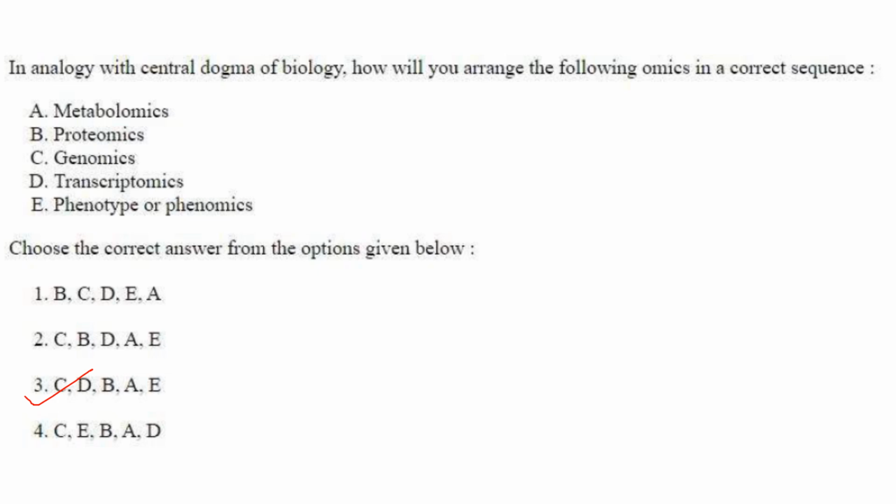From RNA you get it converted to proteins, so it is proteomics. From proteins to metabolomics, then from metabolomics it will be the phenotype or the phenomics. So the answer here will be C, D, B, A, E. Answer is option 3.